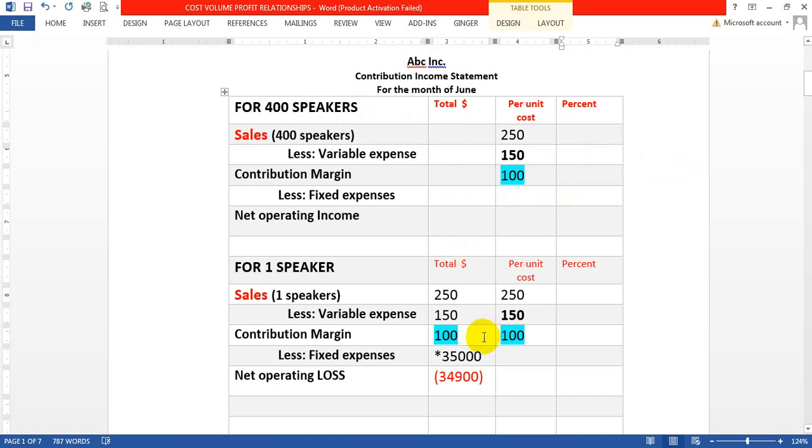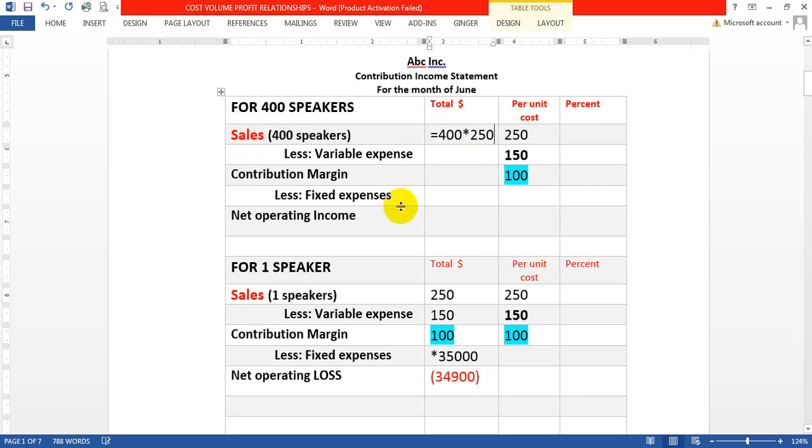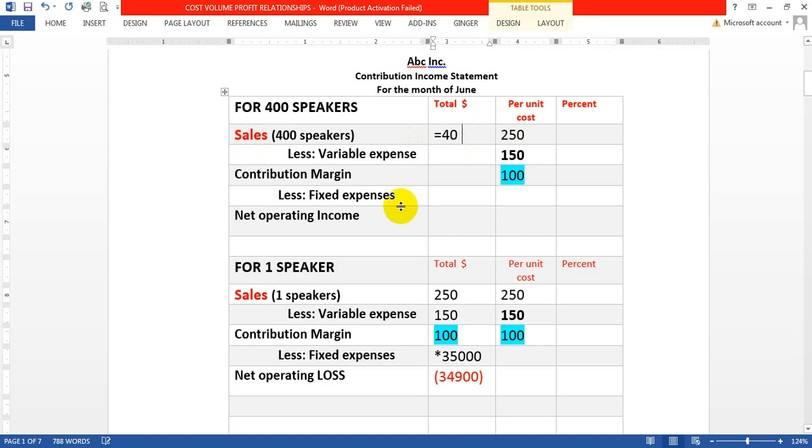If we want to find the total sales, we compute 400 multiplied by 250. The value will be 1 lakh.